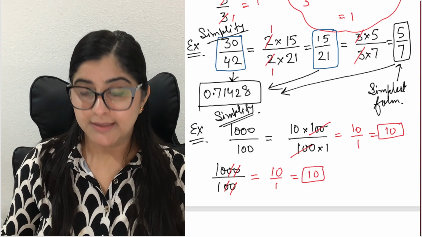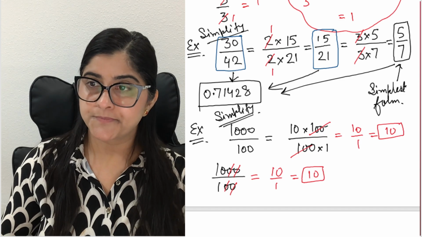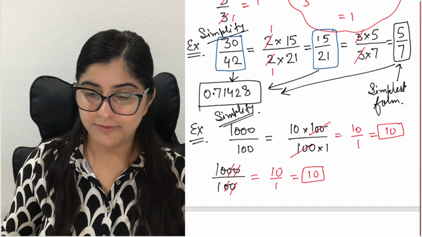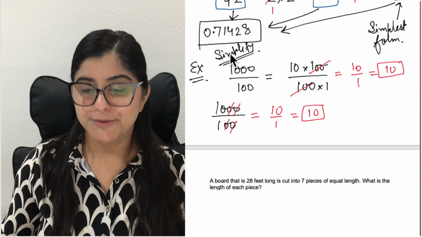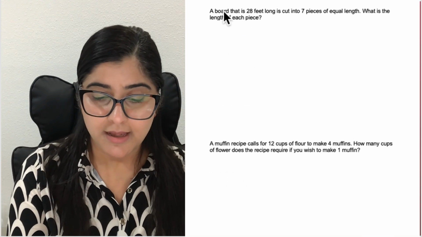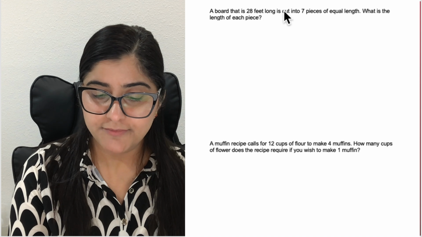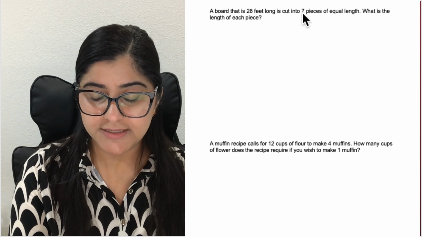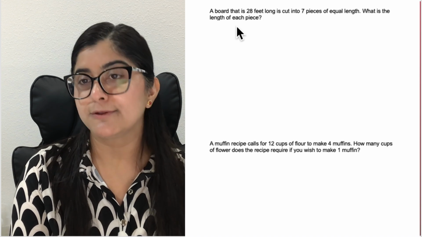So let's do one more question. Let's do some word problems where we will simplify fractions to answer the questions. Here we have two examples. A board that is 28 feet long is cut into 7 pieces of equal length. What is the length of each piece?